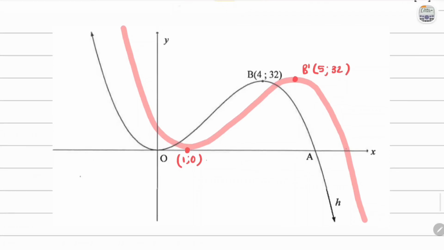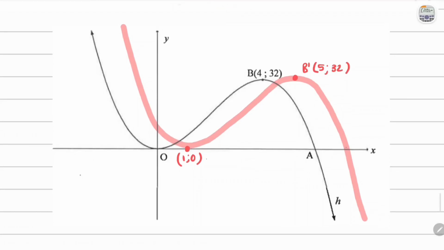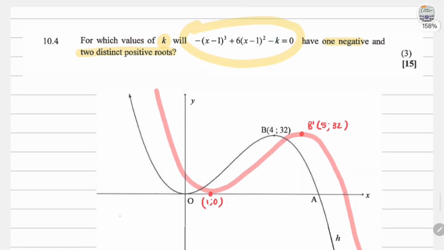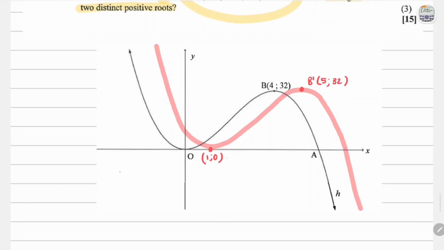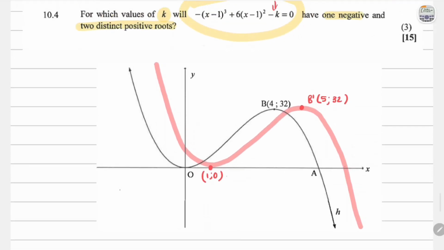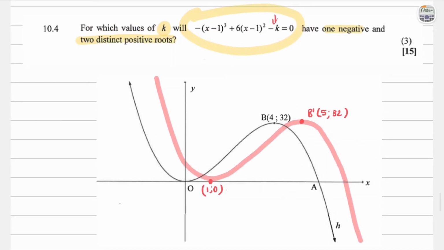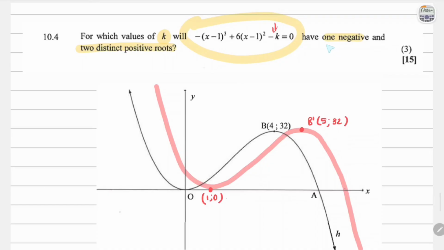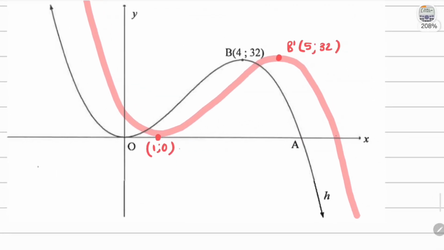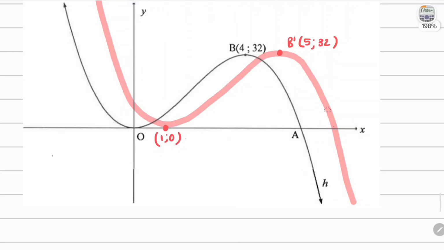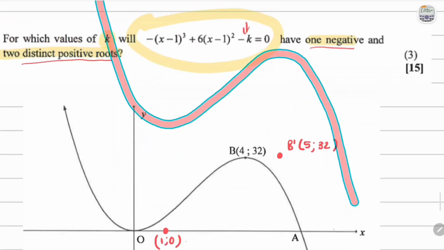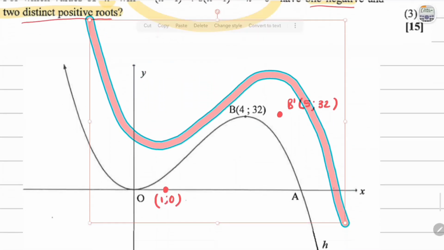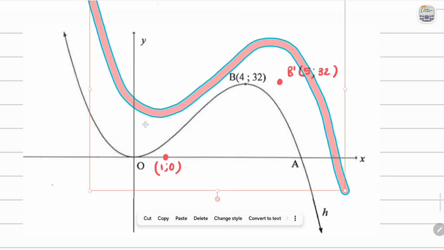Not really that important yet because it's just the x that changes and we're controlling the y since that is k. Okay, so what else do we have to consider so that this can have exactly one negative and two distinct positive roots? From where it currently is, if it shifts up, you see how that will not solve our problem, because now it will no longer intersect with the x-axis on this side, and it only intersects here once.